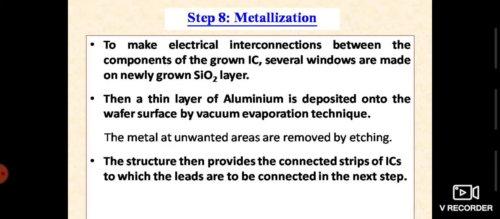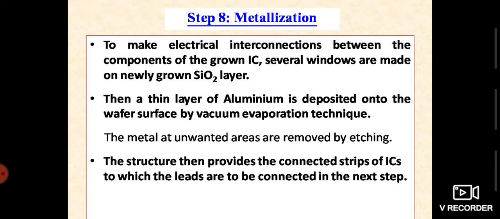Because the aluminium metal is available to us in solid form, we have to melt it at a high temperature in a highly pure environment, and for this purpose we use the vacuum evaporation technique at a low pressure. We carry out this metallization process.